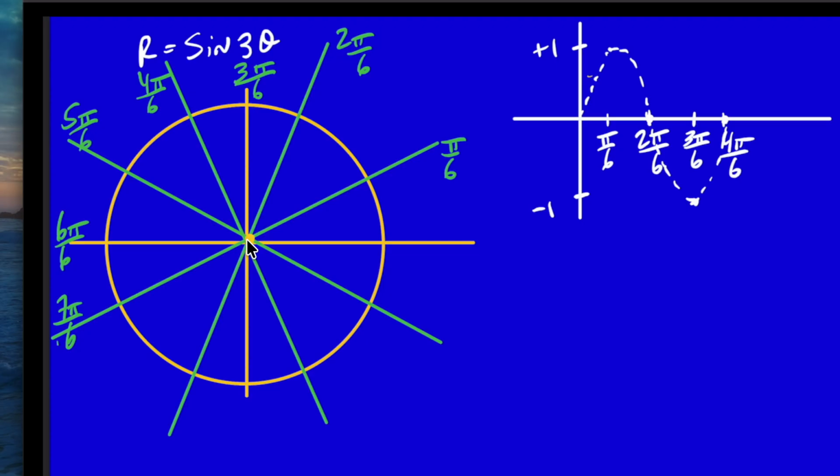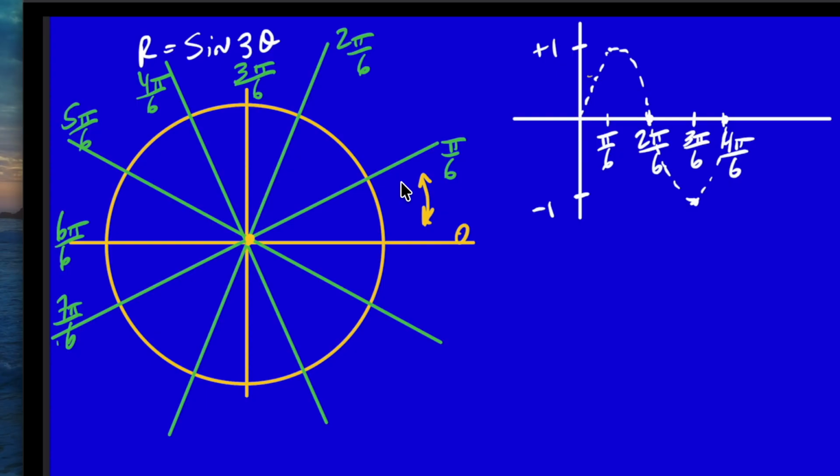So our first point is going to be right here at the pole. Our second point now, we're going to move from 0 to pi over 6. So we're going to be in this section from theta equals 0 to theta equals pi over 6. Now, when theta goes from 0 to pi over 6, the y value goes from 0 to its maximum at 1.